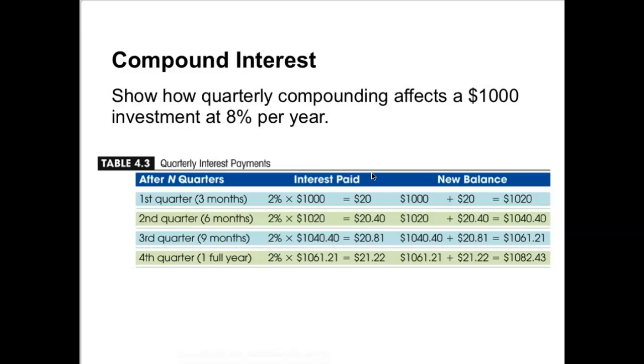All right, so now we're going to talk about compounding more than once a year. So in the example we did, the account is only collecting the interest once during the year. Let's see how it affects it if we compound quarterly. So that means 4 times in a year.